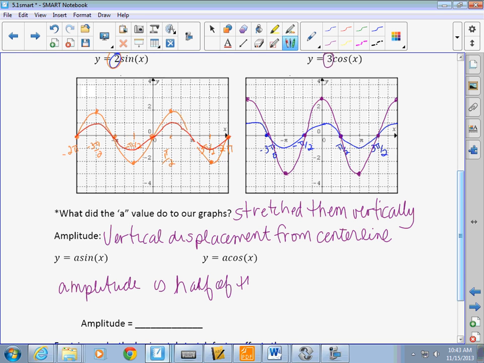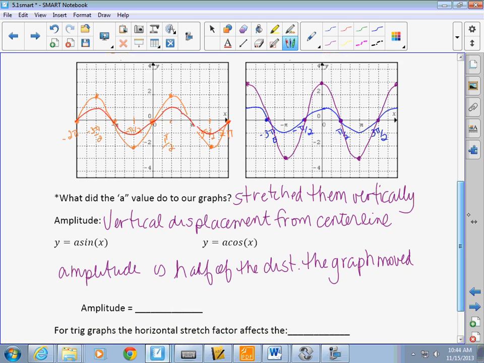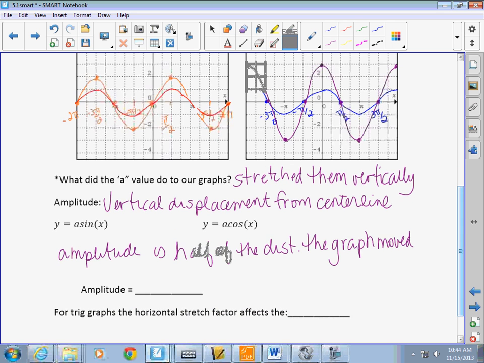So if we look at this one, our amplitude would have been from 3 minus negative 3, or 3 plus 3, and we divided it by 2. Our amplitude is 3. Half, because the full amount that this graph moved would be 6.